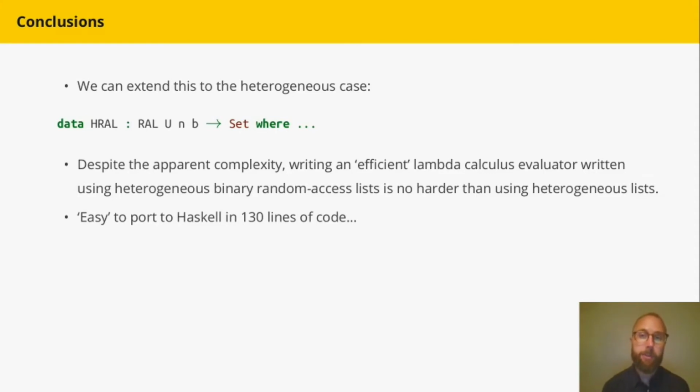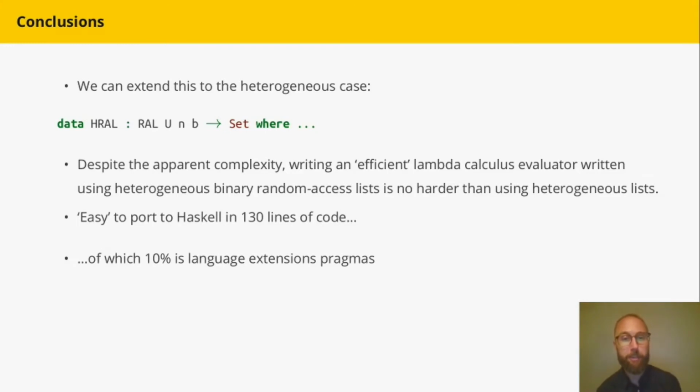This turns out to be no harder than using heterogeneous lists as you would in a usual situation. Furthermore, it's fairly easy to port this code to Haskell. You only need about 130 lines to define the data structure, the nil, the cons, and the lookup operations, of which maybe 10% is language extension pragmas, but there's nothing too fancy going on there.